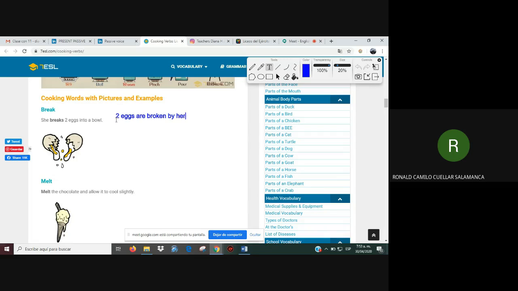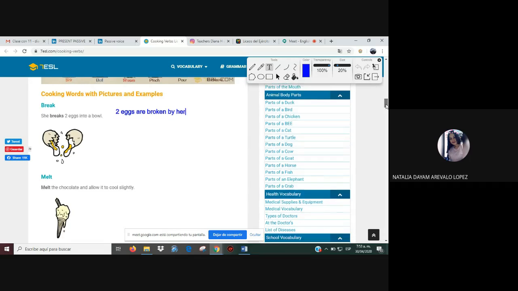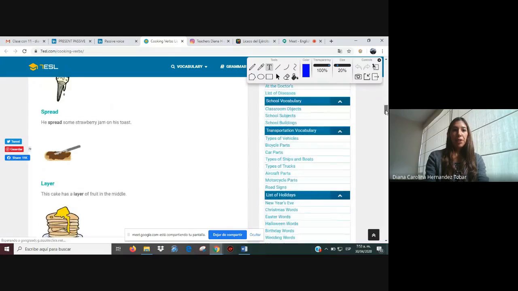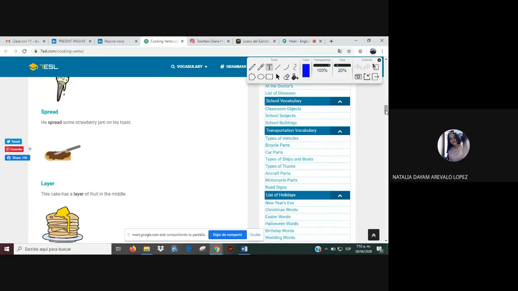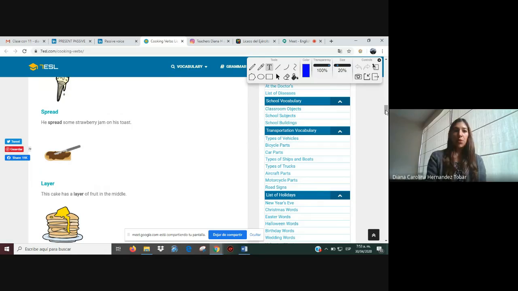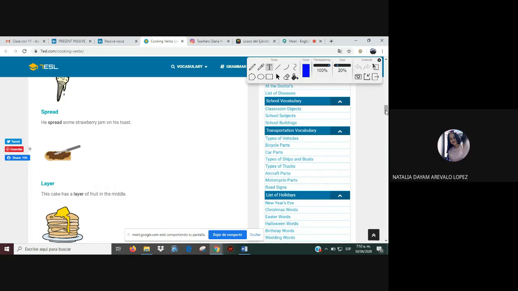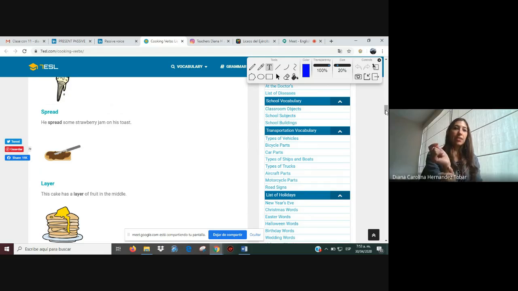Natalia? Yes. Now we have the verb spread and layer. Okay, so choose one of those. You can give me a passive voice example with the same sentence that we have here on this webpage, or if you can think of another one, it's okay, no problem.